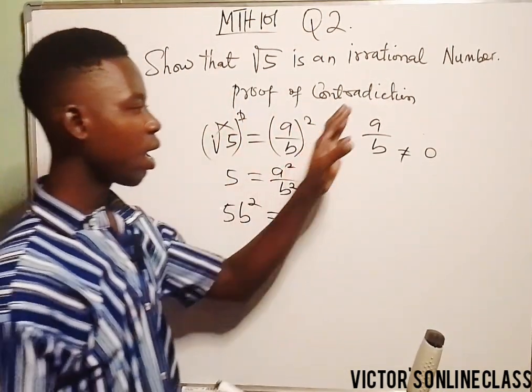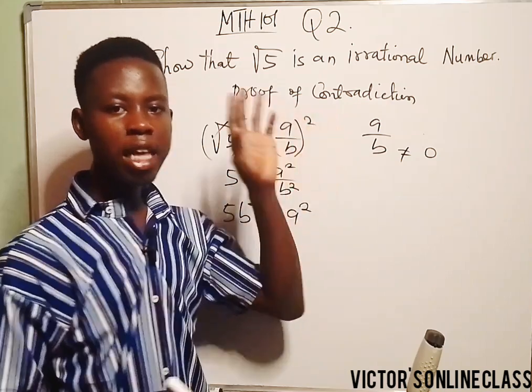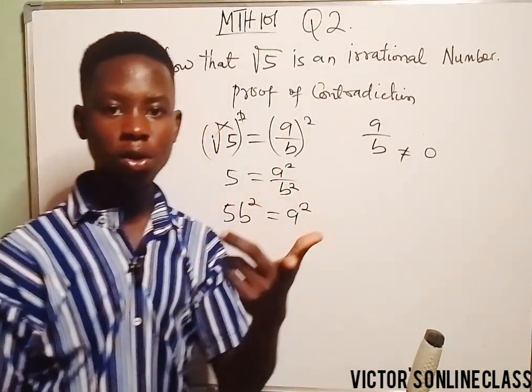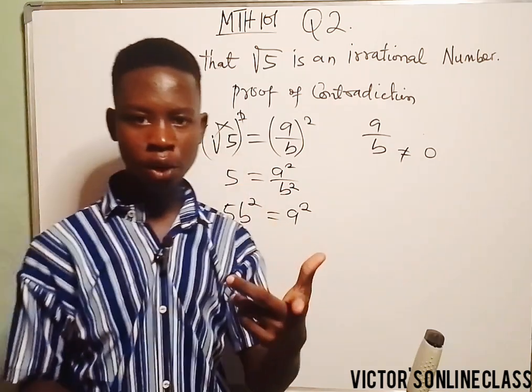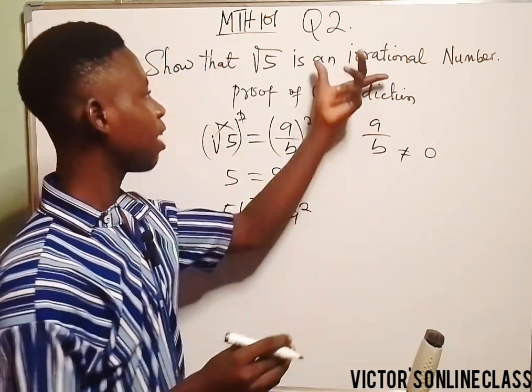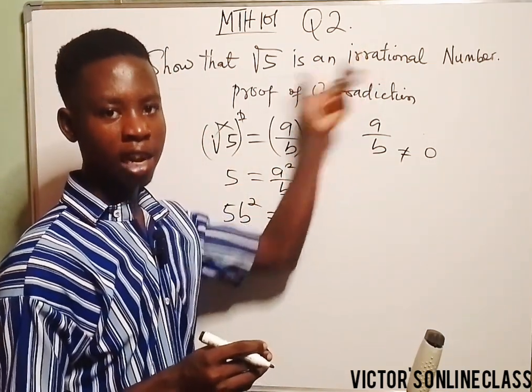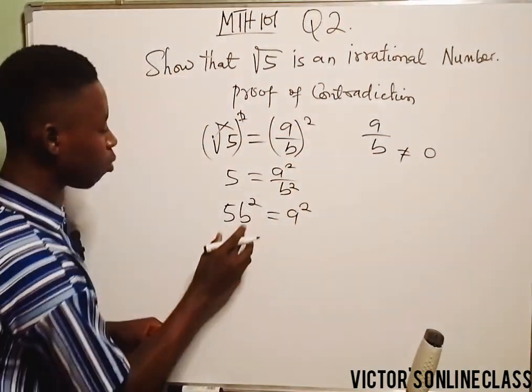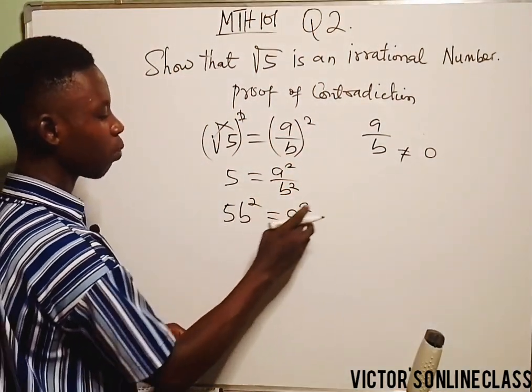Understand that a and b are not common factors. If we arrive at the end that a and b are common factors or are multiples of each other, it means that this statement is correct, that root 5 is an irrational number. Let's continue. Now we have 5b squared equal to a squared.